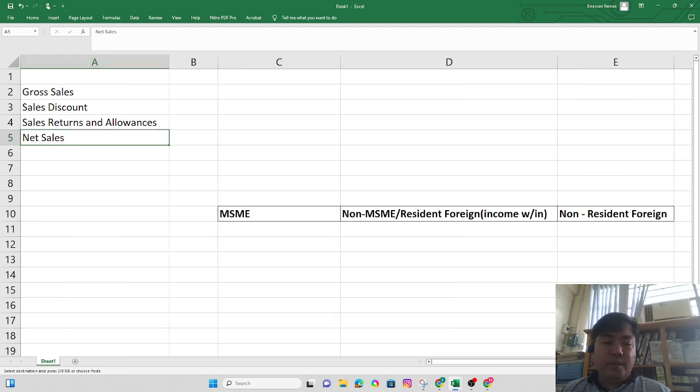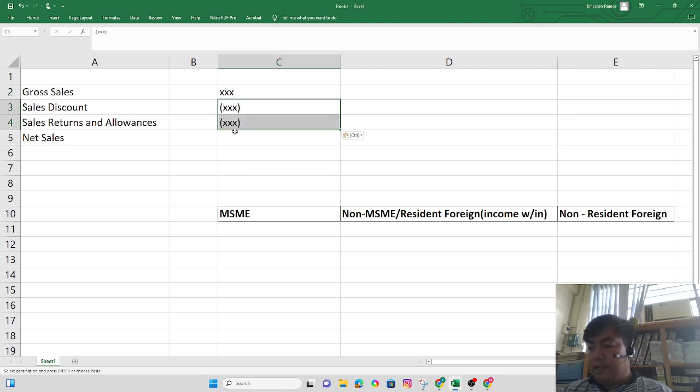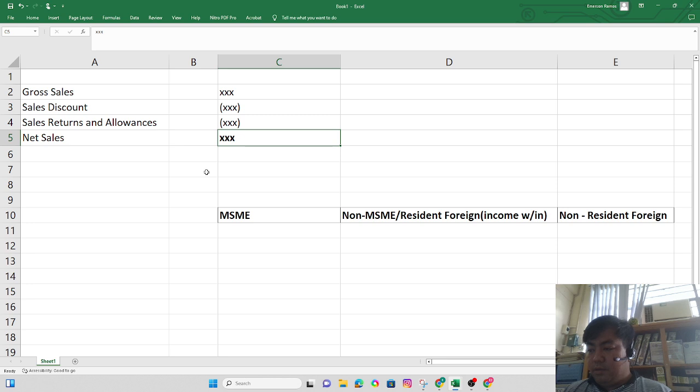So in computing for the net sales, the gross sales will be deducted by the sales discount and sales returns and allowances. So that will be our net sales. Okay, then the net sales will be the starting point of our computation for income tax.